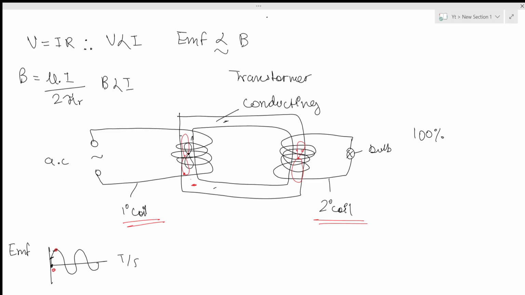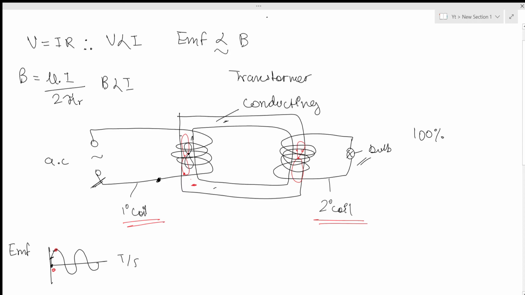But in your calculations and your specifications, you can assume that it's ideal, that there is no loss of energy, that whatever energy is delivered from this region is all delivered to the bulb. So you can assume that it's 100% efficient.